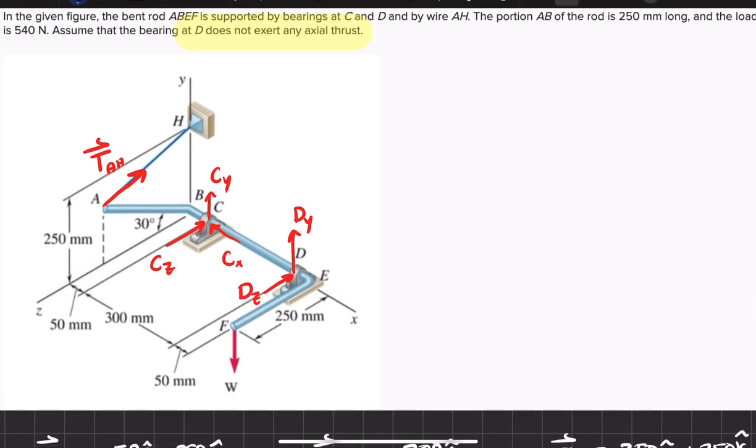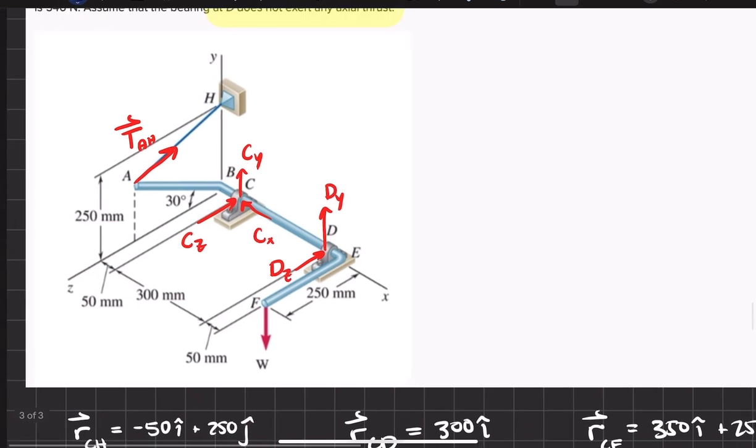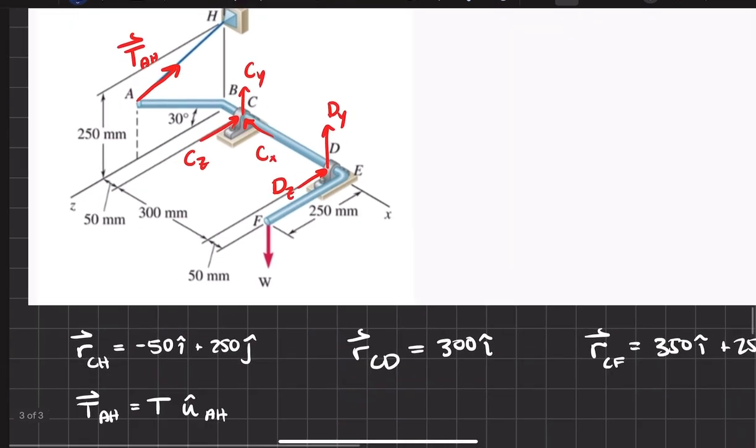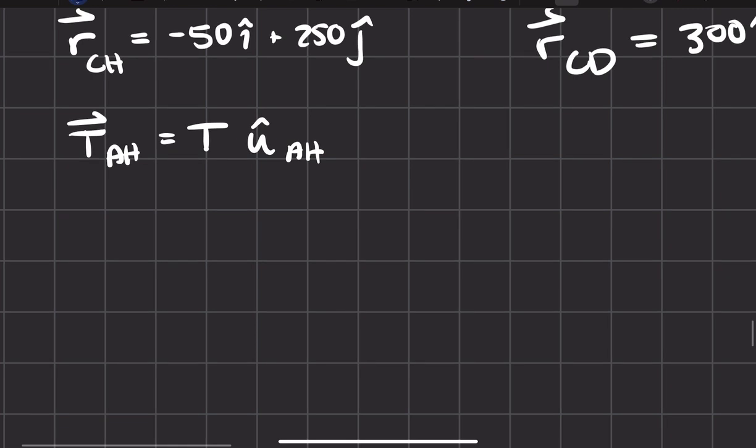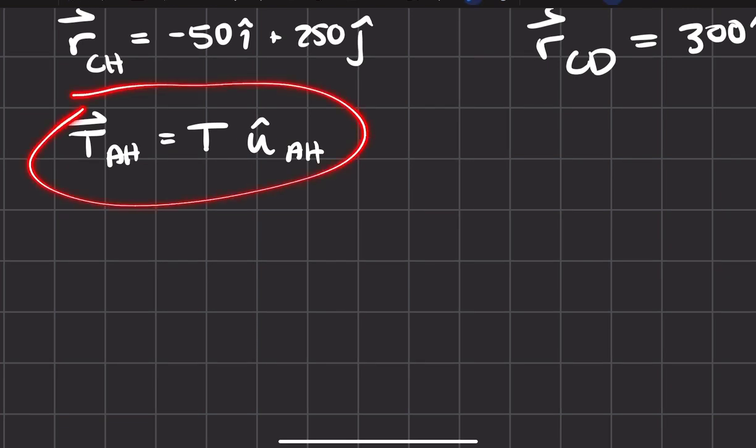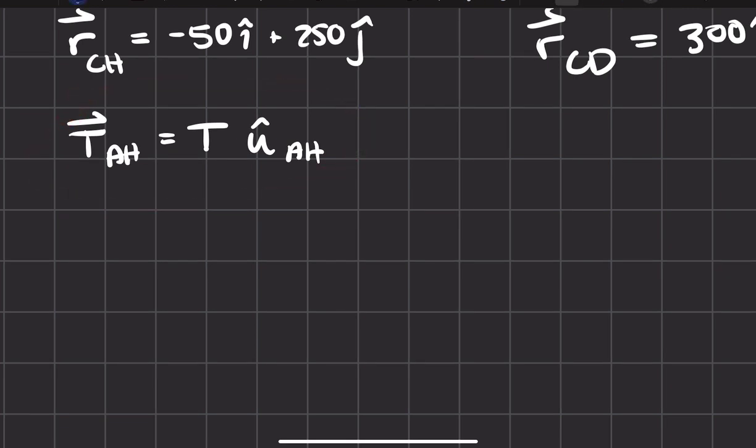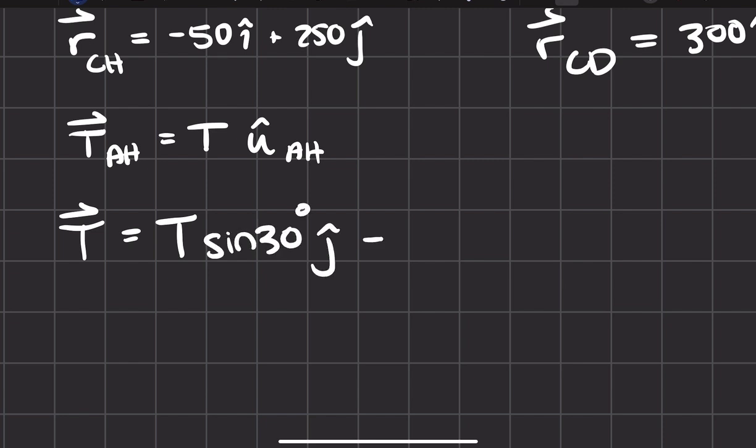But because T of H is only acting in 2 axes, the y component and the z component, we can break it up into its sine and cosine angles. This method is also viable to solve for tension. Using trigonometry, we get that the vector T is equal to its magnitude times sine of 30 in the j, this is in degrees, minus T cosine of 30 in the k component.